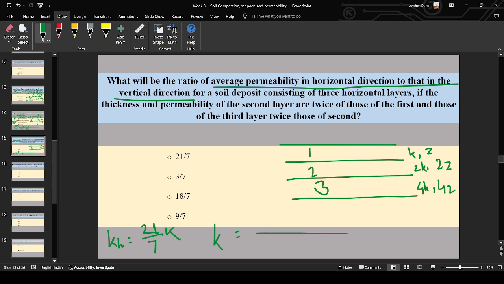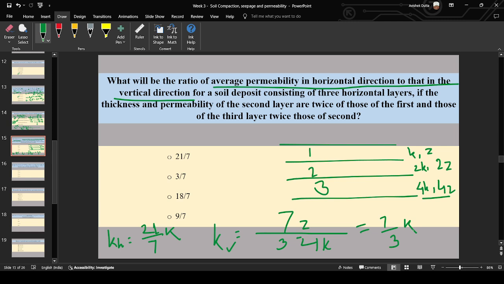So 4 plus 2 is 6 plus 1, 7Z, divided by the sum of Z by K. So Z by K, again 2Z by 2K, again Z by K, 4Z by 4K, again Z by K. So Z by K plus Z by K plus Z by K is 3Z by K. Z cancels, and we have KV as 7 by 3 K.